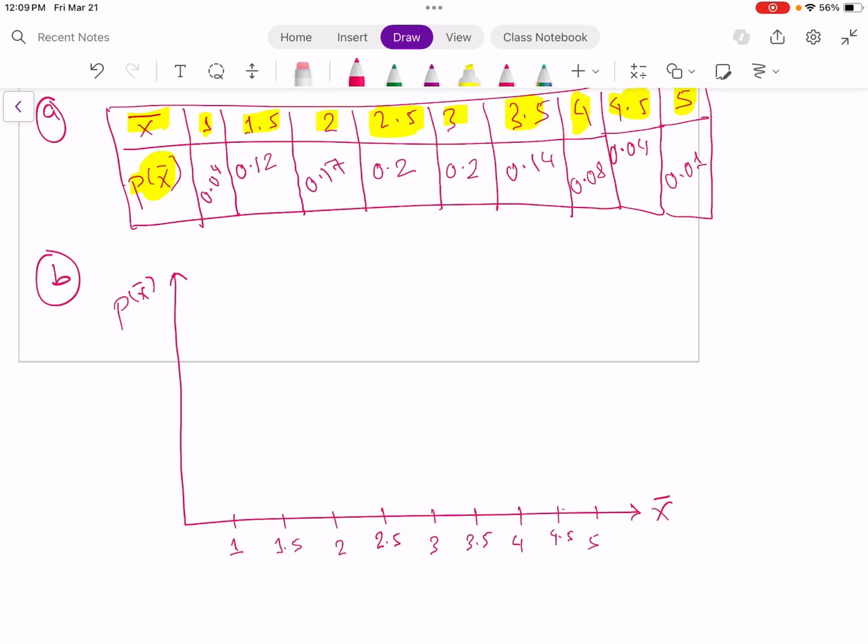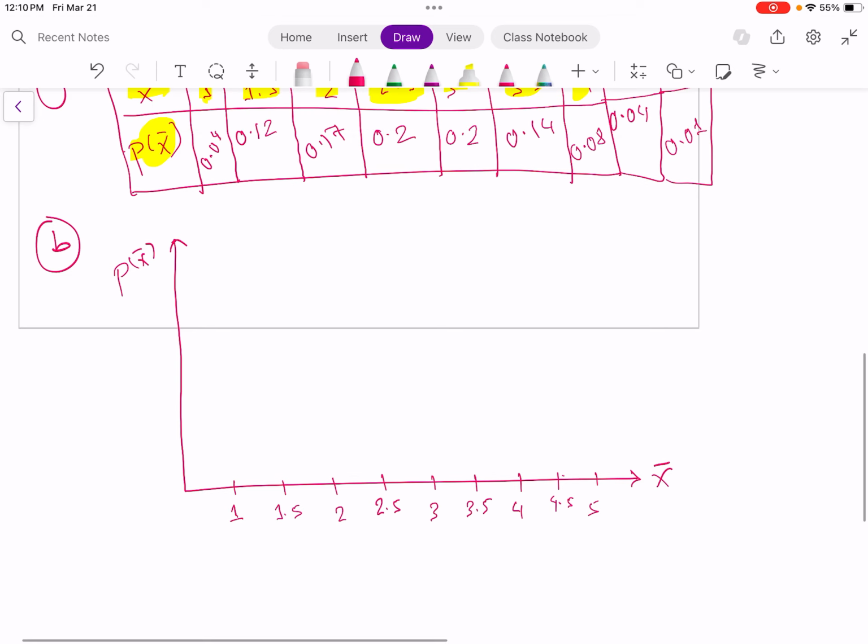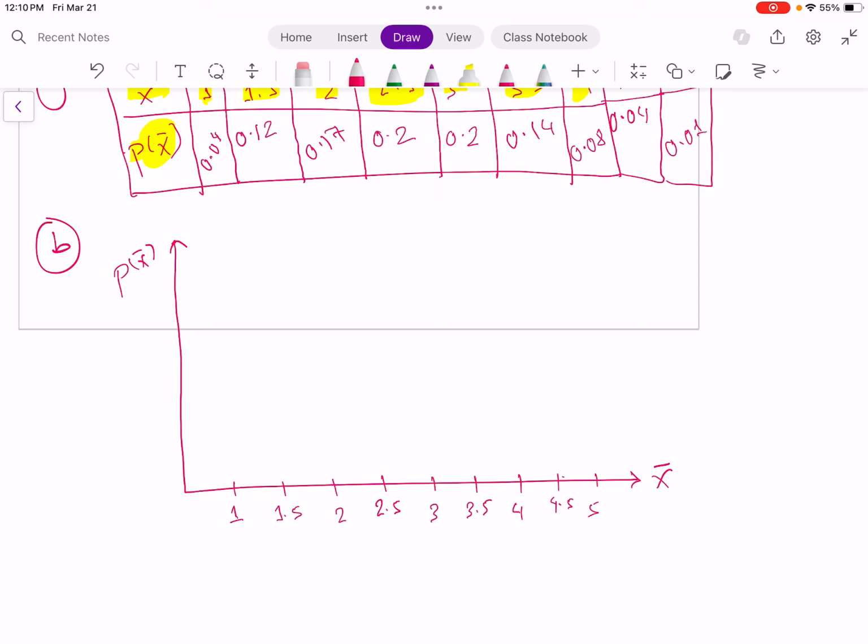Now what gives us the height of a bar? How do we know what height of a bar we draw at 1? What is that height? How do we know the height of a bar at x bar equals 1? It is equal to the probability that x bar takes 1, right? Which is 0.04.